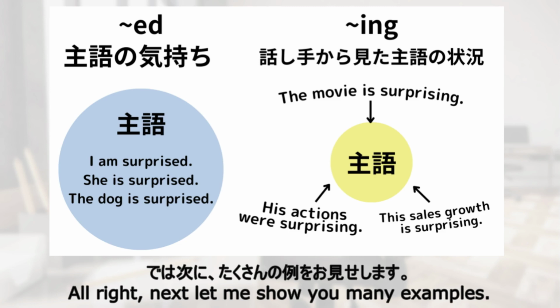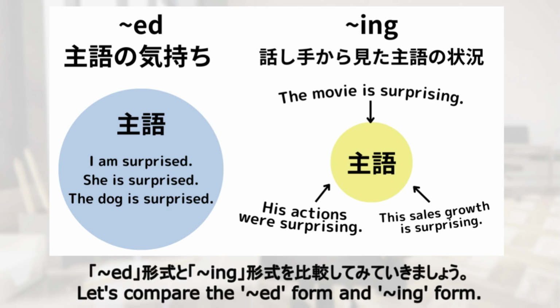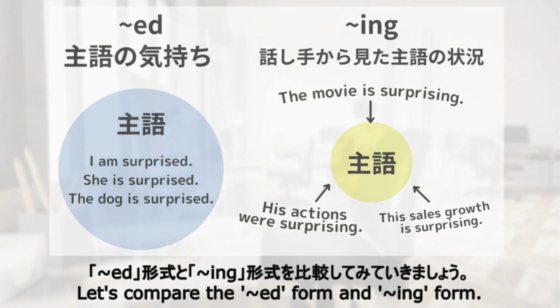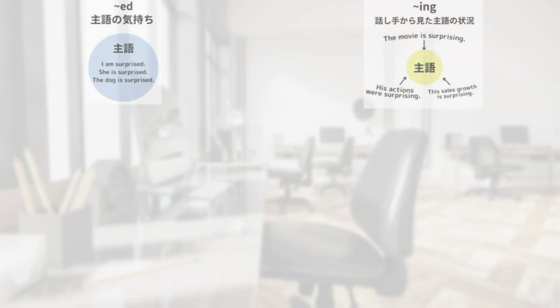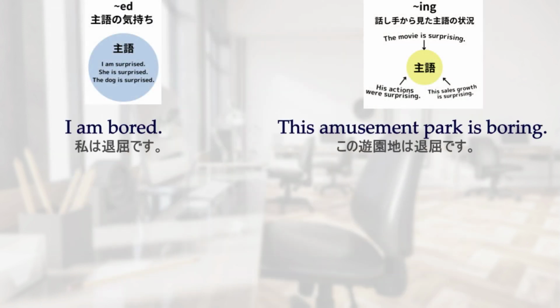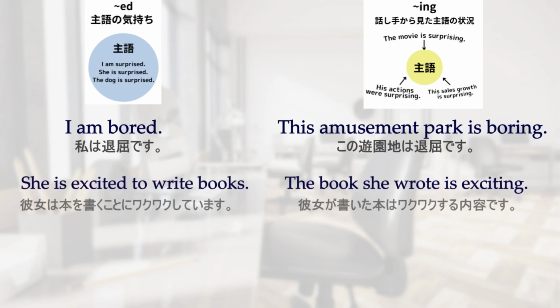All right, next, let me show you many examples. Let's compare the ed form and ing form. I'm bored. The amusement park is boring. She's excited to write books.